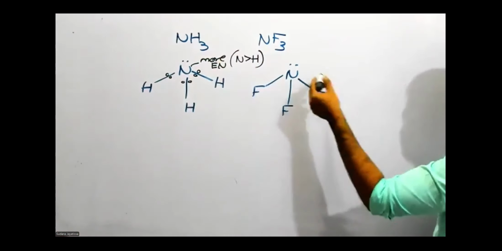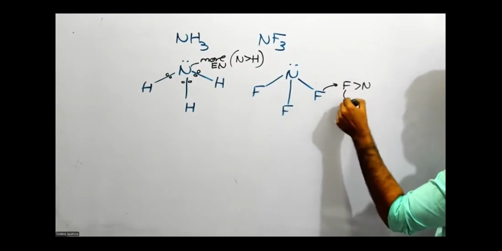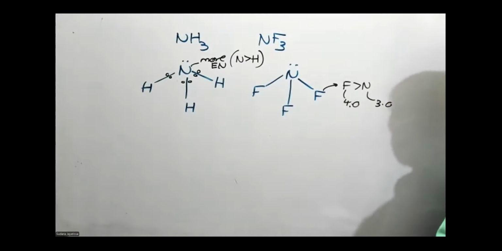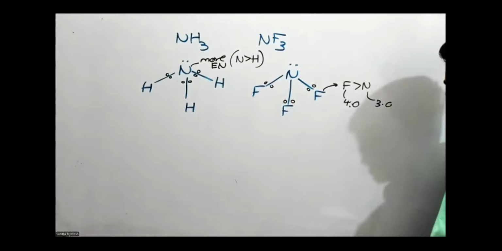But if you take the other molecule, fluorine is more electronegative than nitrogen. This one has a 4.0 value, this one has a 3.0 value on the Pauling scale. So therefore bond pair electrons will be closer to the fluorine.